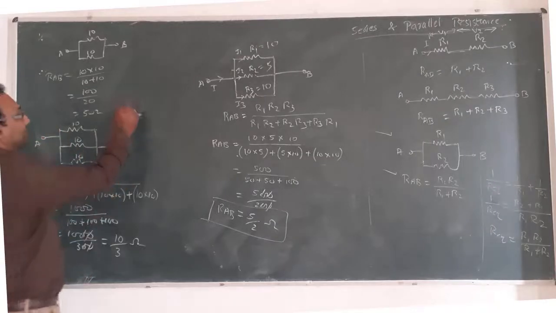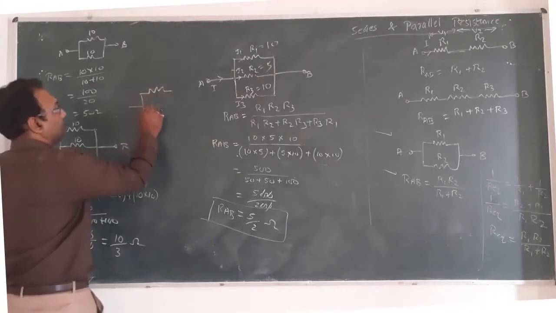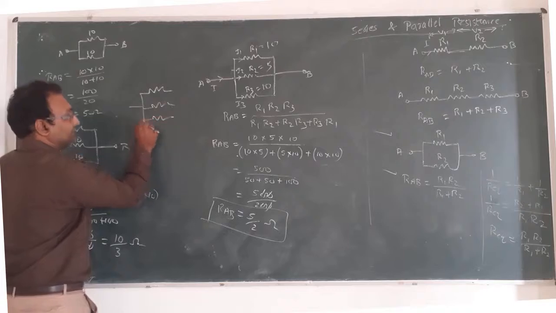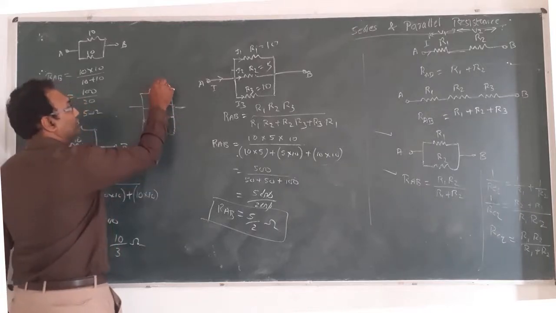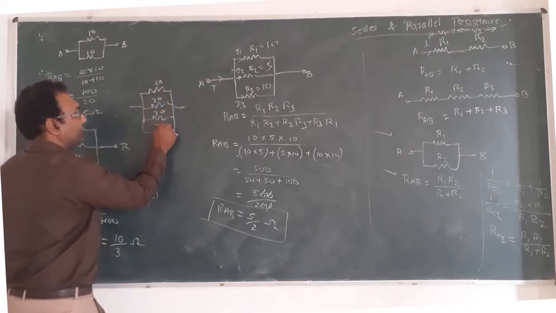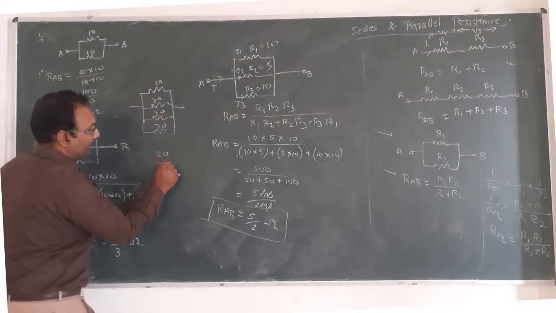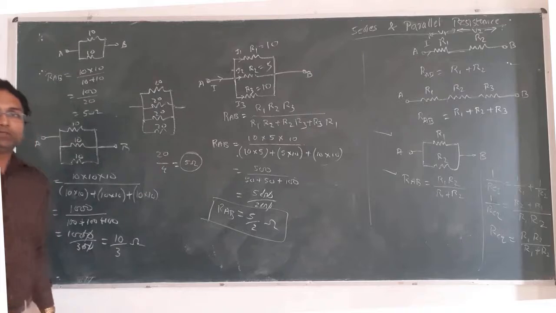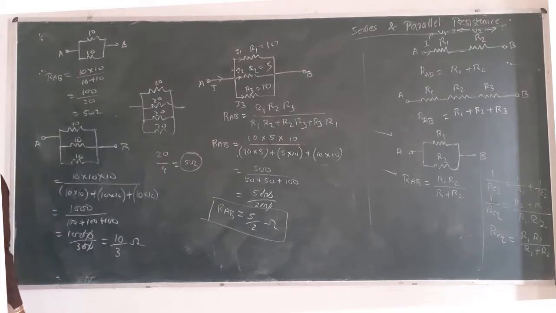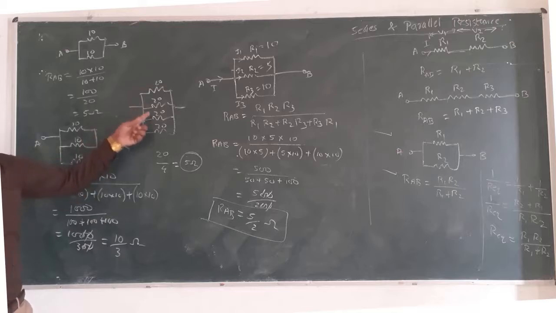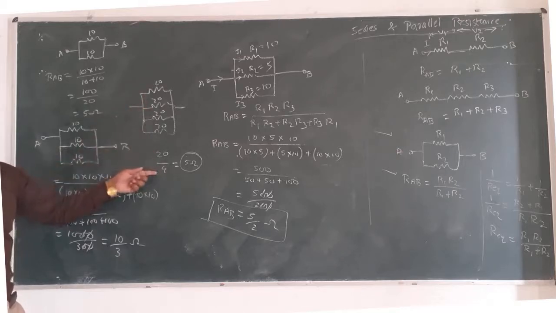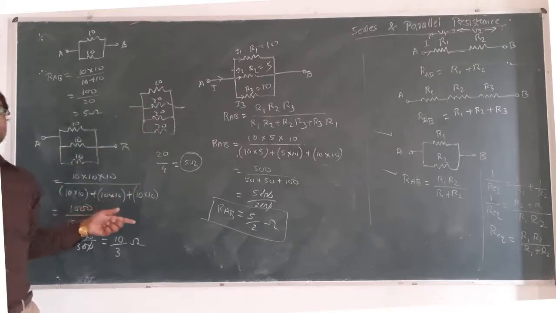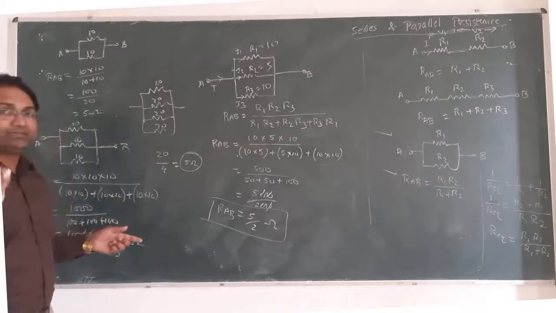Now if we have the same value, suppose 20, 4 times, 20, 20, 20, 20, then the answer will be 20 upon 4, that is 5 ohms. Simple trick. But whenever there is a dissimilarity in the resistances, this trick will not work. Always keep this in mind.